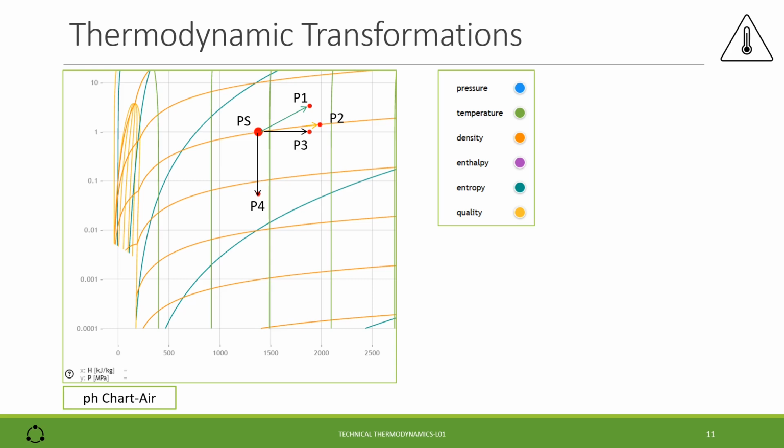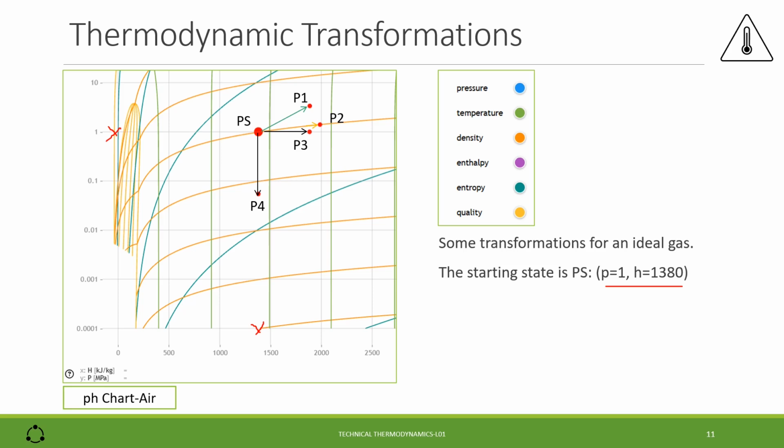Some examples in the chart PH. The starting state is still the same as before, but in this case has different conditions, 1 and 1380 respectively in megapascal and kilojoule per kilogram. The transformation PS-P1 is isentropic. The transformation PS-P2 is isochoric.